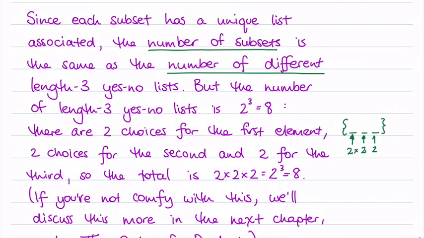And so in total, we must have that there are 2 times 2 times 2, or 8 possibilities for the length 3 yes-no lists. And so, since we know that the number of subsets is the same as the number of length 3 yes-no lists, we have that the number of subsets of our set 1, 2, 3 must be 8.